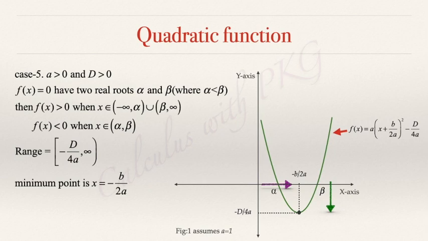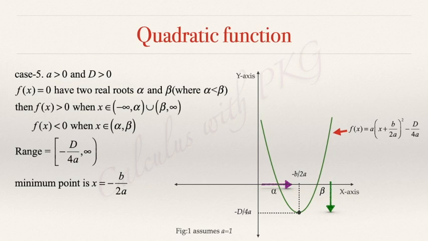Now the question is, why have I shifted this function downside by d by 4a? Now look at this point minus d by 4a. Here d is greater than 0 and a is also greater than 0. So the fraction d by 4a is greater than 0, and since it is multiplied by a minus, the overall fraction minus d by 4a is a negative number.